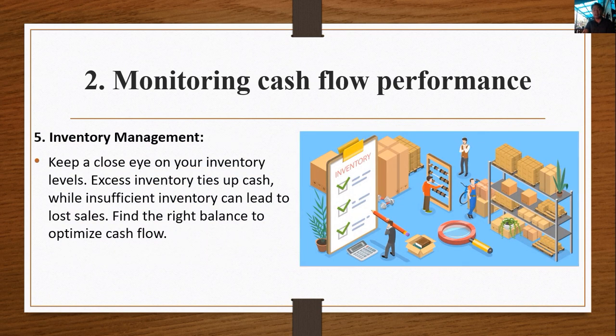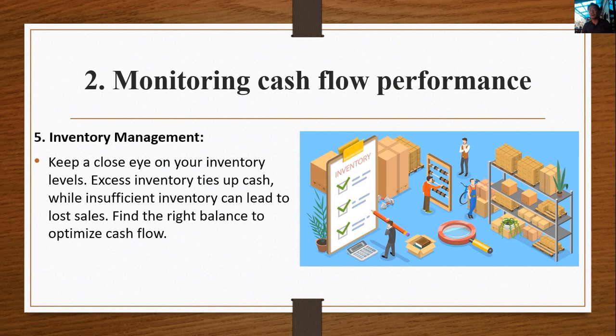And next, class, is inventory management. So keep a close eye on your inventory levels. Excess inventory ties up cash, while insufficient inventory can lead to lost sales. So find the right balance to optimize your cash flow. This one, class, is very important because what is in your inventory is something that will give you the potential for earning.